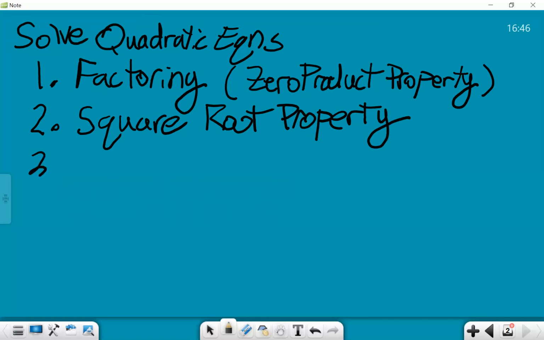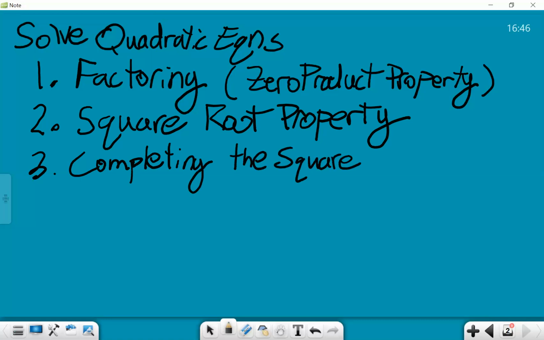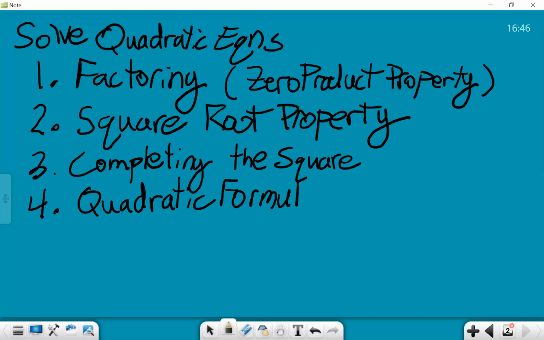And 2 other methods, which we'll talk about later, are completing the square and the quadratic formula, which is probably the first thing people actually think of when they go to solve a quadratic equation.